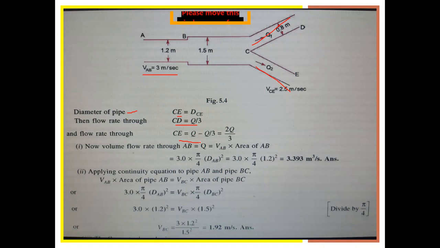Now what is the thing you have to find? The volume rate of flow, that is AB. So AB, Q is equal to VAB into area of AB.